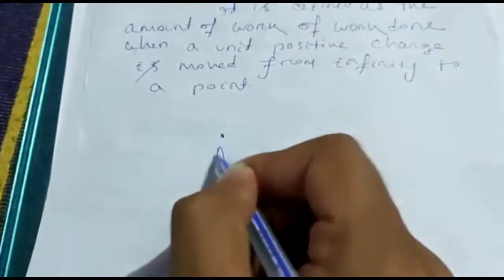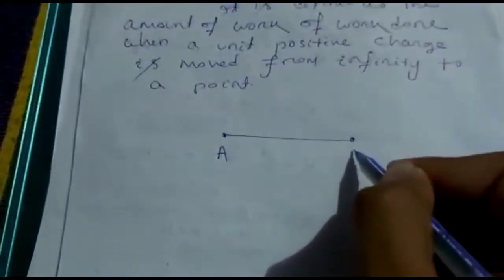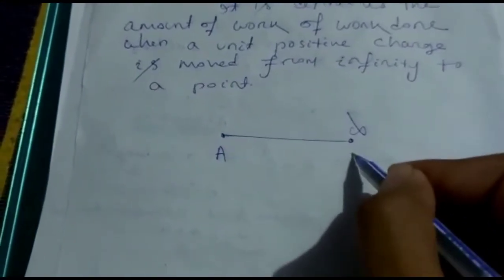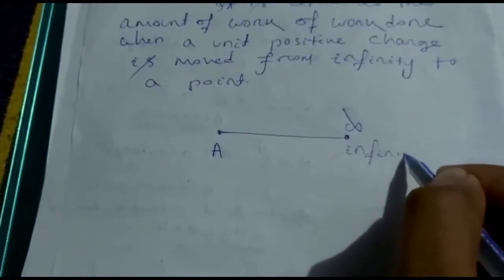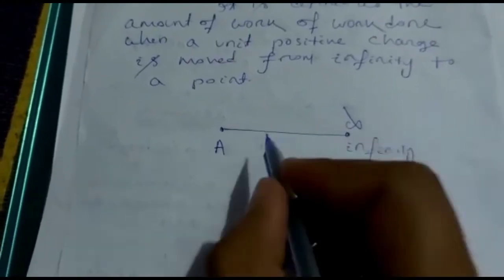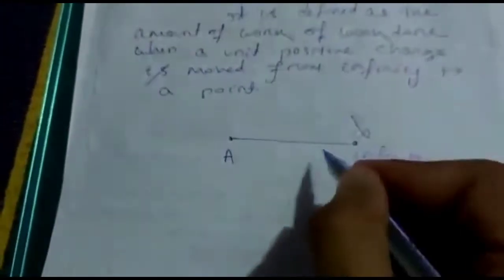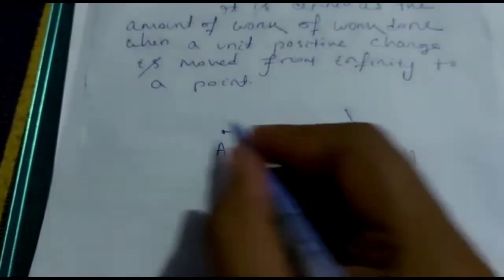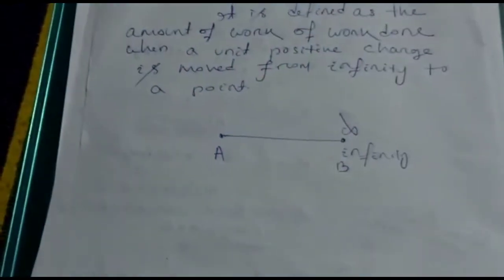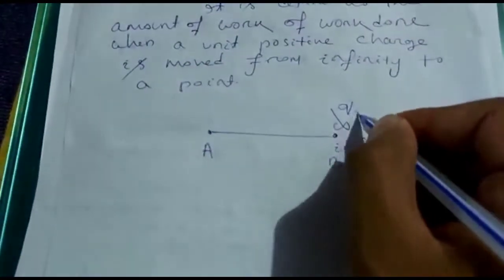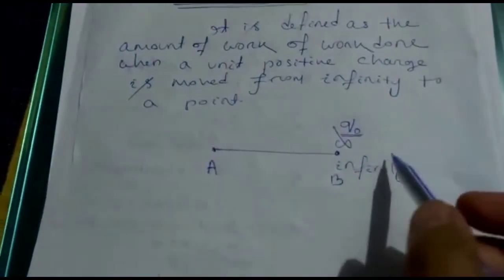Okay. Suppose it is one point A and it is one point infinity, more distance. The distance between this point A and B is more, just like the infinity. Suppose one charge is present at infinity, that is Q naught.